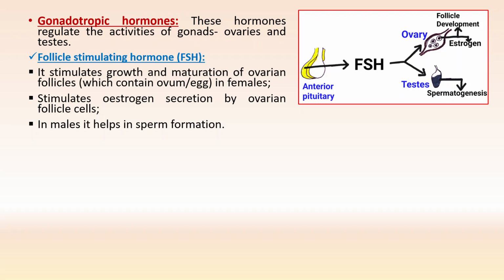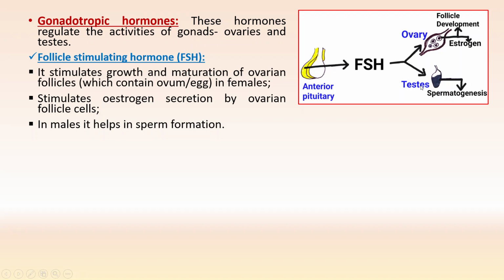Inside each ovarian follicle you can see a black dot which is the ovum or egg. So, follicle stimulating hormone stimulates the growth and maturation of these ovarian follicles, and it also stimulates the ovarian follicular cells to secrete estrogen. On the other hand, in males, it stimulates sperm formation in the testes, or spermatogenesis.